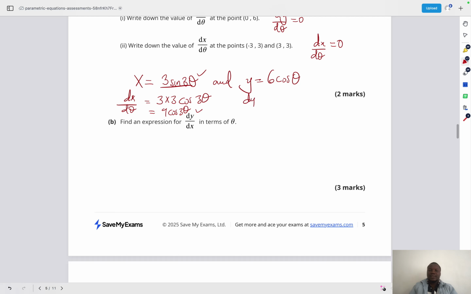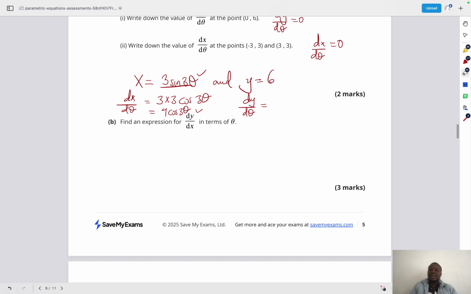Then dy/dθ for this one here, again this is 2θ. We know that the derivative of cos is negative sin.